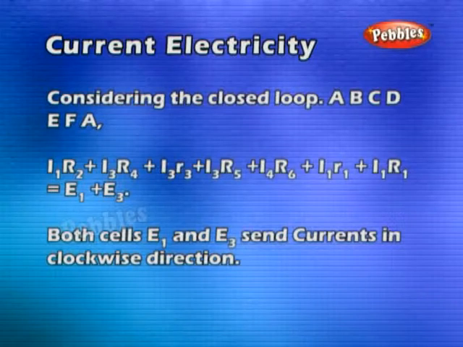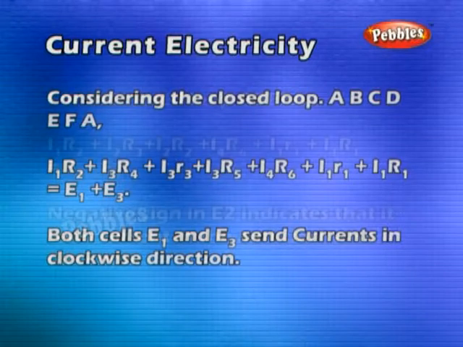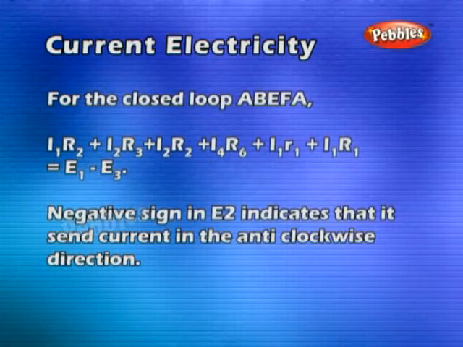Both cells E1 and E3 send currents in the clockwise direction. For the closed loop ABEFA, I1R2 plus I2R3 plus I2R2 plus I4R6 plus I1RL plus I1R1 is equal to E1 minus E2. The negative sign in E2 indicates that it sends current in the anticlockwise direction.